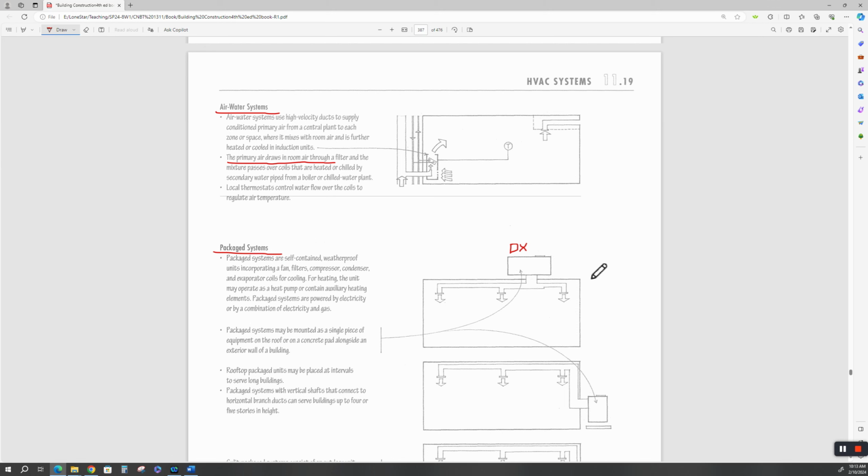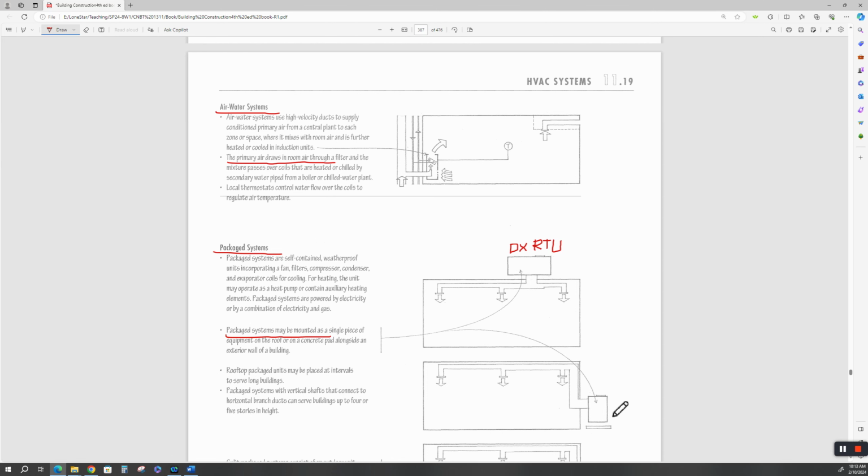Okay, so this is a rooftop. This would be an RTU, rooftop unit, and this is everything. It's got the air handler, the whole package. Package systems may be mounted as a single piece of equipment on the roof or on a concrete pad alongside an exterior wall of a building, just like this over here.